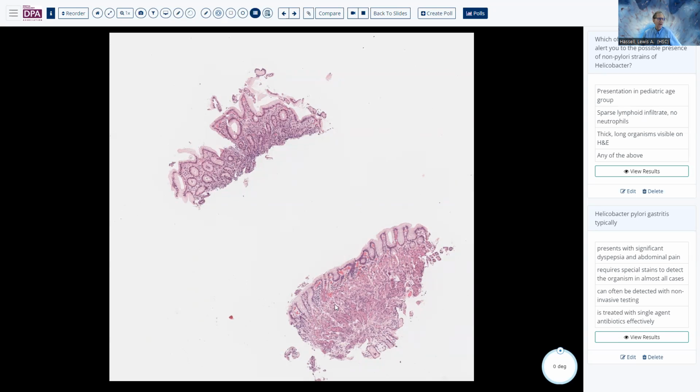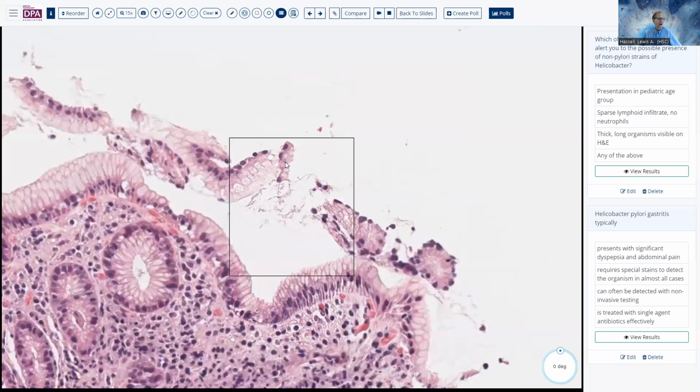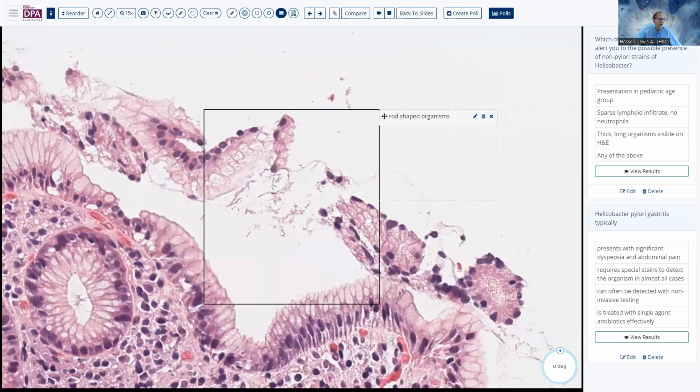But oftentimes the superficial, fairly dense inflammatory infiltrate is diagnosable at low power as being, 99 cases out of 100, due to Helicobacter pylori. So in this case, we went to higher magnification, and well, guess what? Here are these microorganisms.